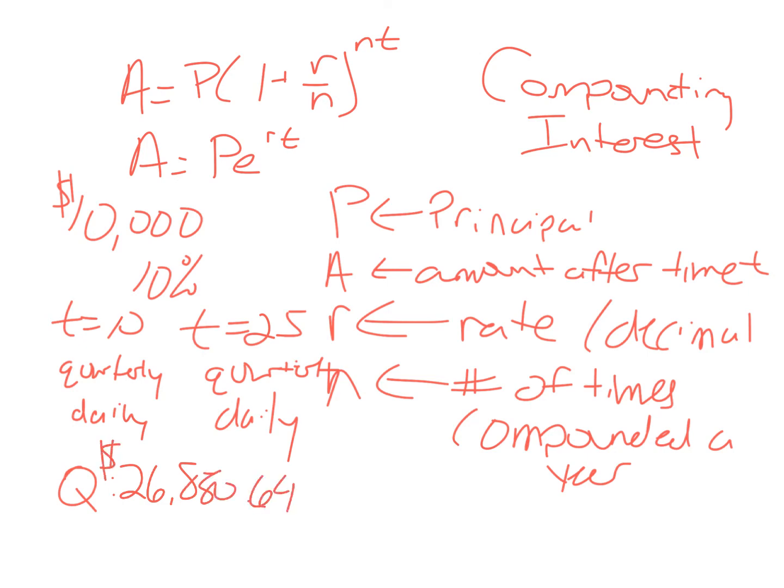And then daily, we're not doing daily yet. We're going to do when t is 25. Quarterly after 25 years is $118,137.16.